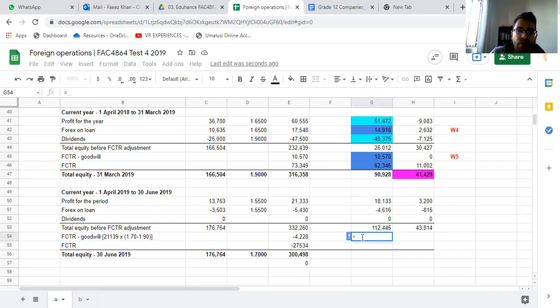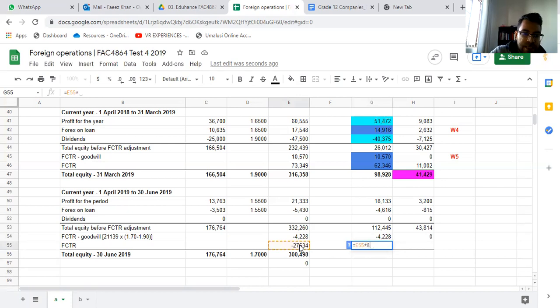So therefore, all the goodwill, all the forex, it belongs to the parent. If NCI was measured using the fair value method, then that means we are using the full goodwill method. Then you split the goodwill between parent and NCI. Okay, and then the rest will be split.